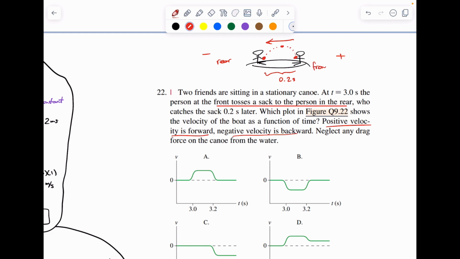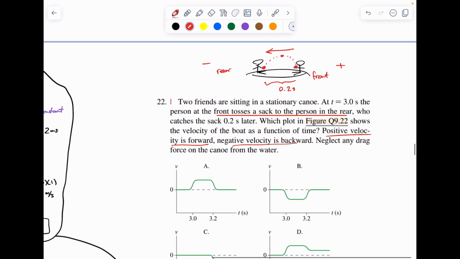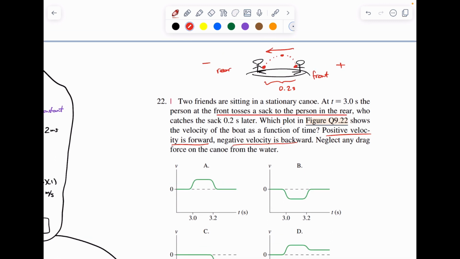This is the positive, because that's what they said: positive velocity is forward, negative velocity is backwards. So the ball is moving to the left in this picture. Let's just stop right there and think about the velocity of the boat. I'm getting confused here. Neglect any drag force. Cool.